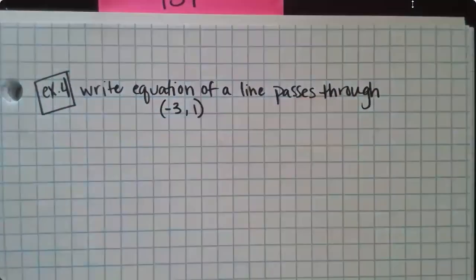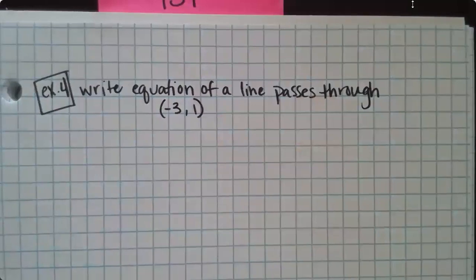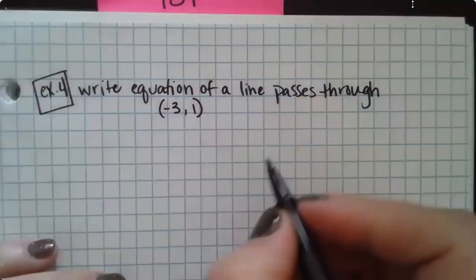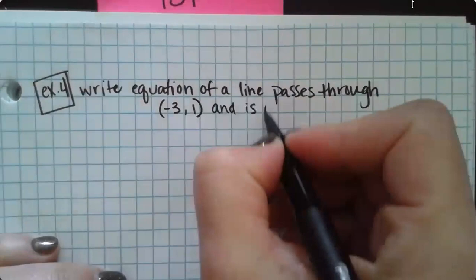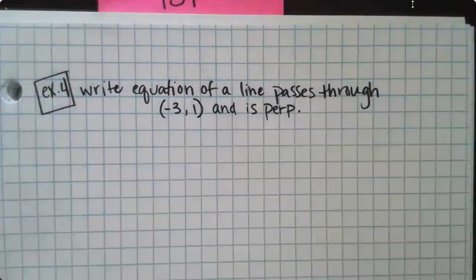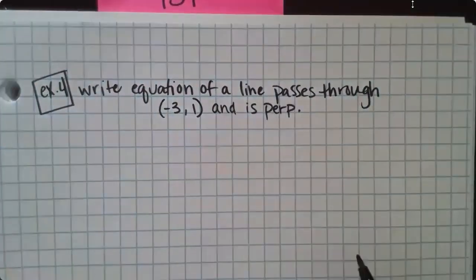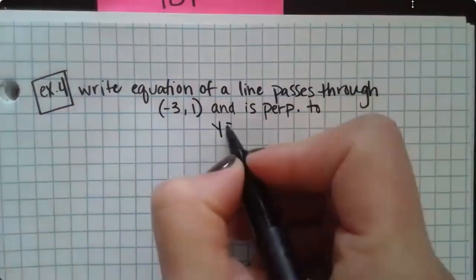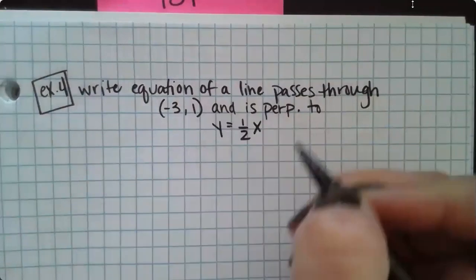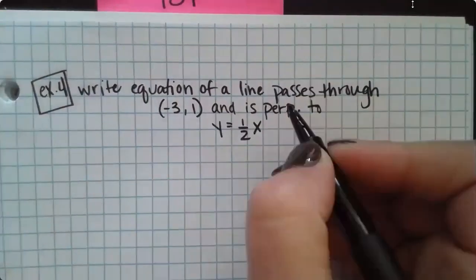So we're going to write an equation of a line that goes through this point. And this new line is perpendicular, I'm just going to abbreviate perpendicular, to y equals 1/2 x plus 3.